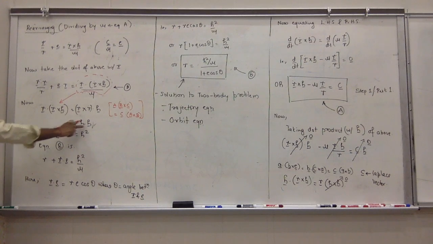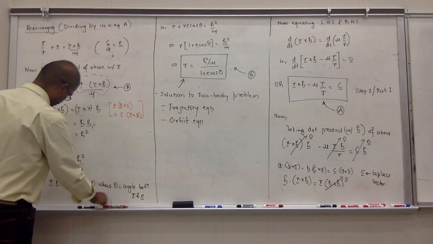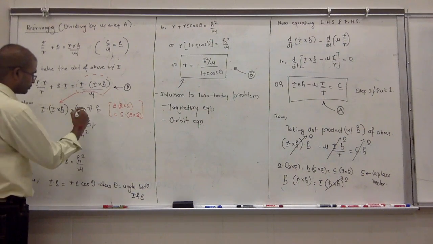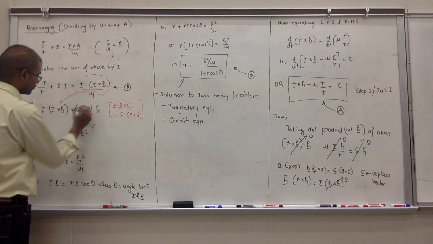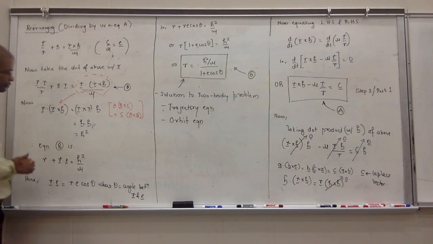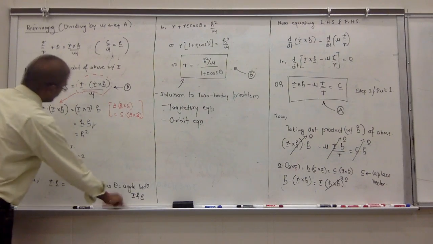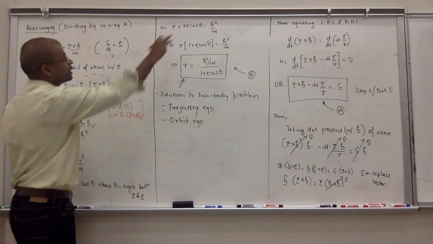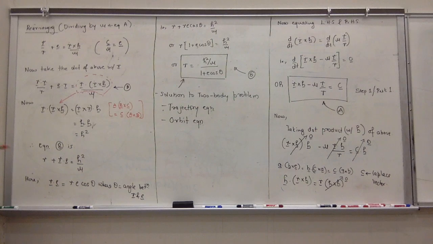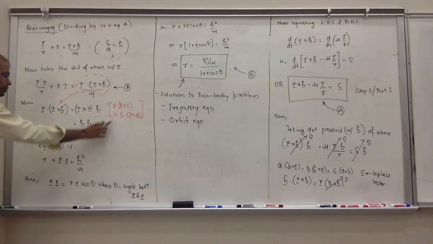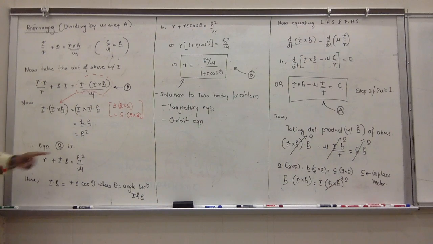So it is H dotted with H, and H dotted with H is H square.